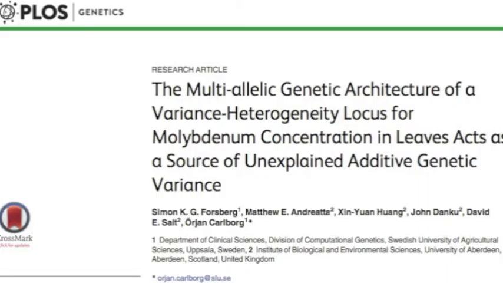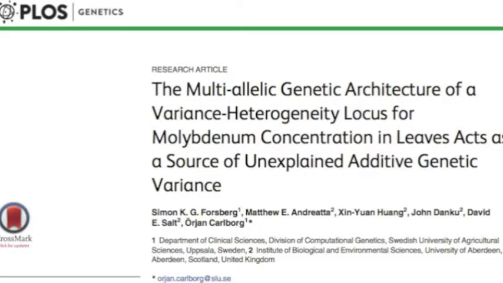What that process assumes is that if you do identify an association, let's say a particular SNP where the 60 accessions with one version of the SNP have high molybdenum compared to the rest of the accessions with the other version, which have low molybdenum, then that SNP is linked to a single allele of some gene which is causing molybdenum to be high.